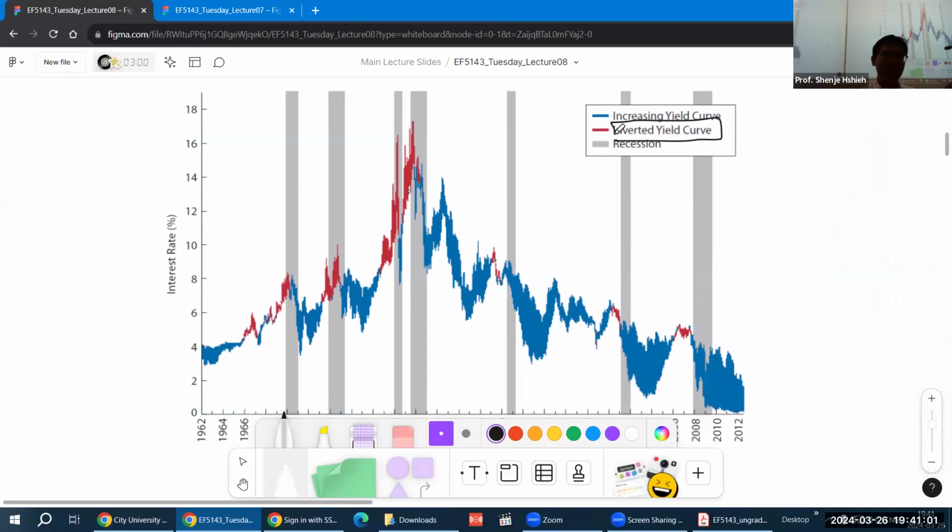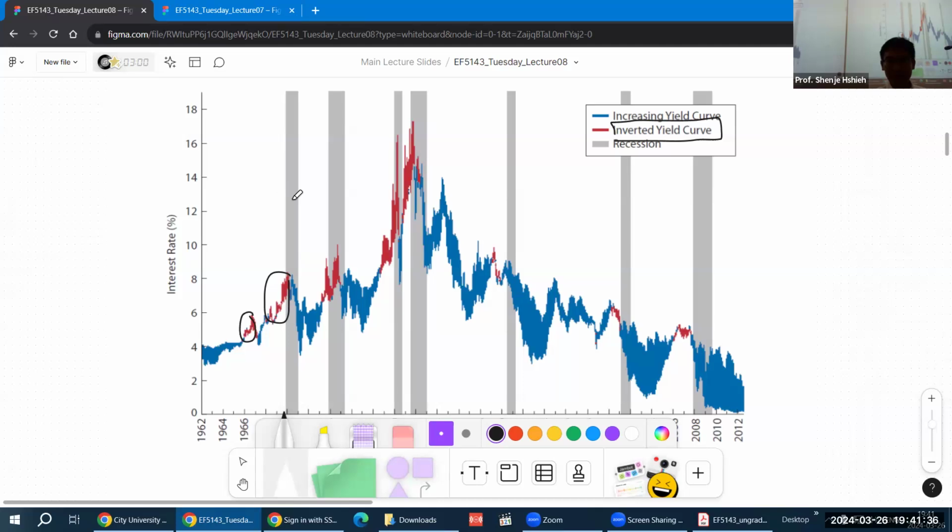That means if you take the difference between the yield to maturity of, for example, 10 years minus 5 years, under normal circumstances in which the country expands economically, the 10-year yield minus the 5-year yield will typically be positive. But when it inverts, the yield to maturity of the 10-year will be lower than the 5-year, and therefore you get a negative number, right?